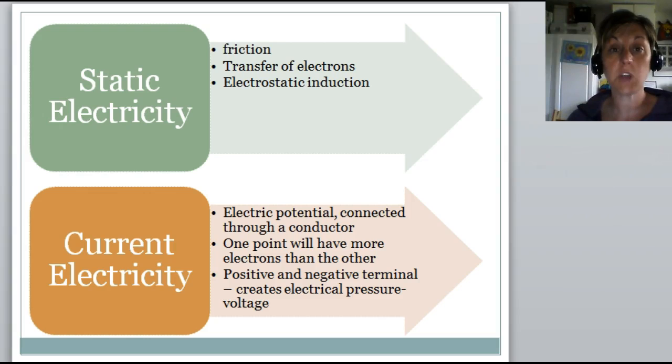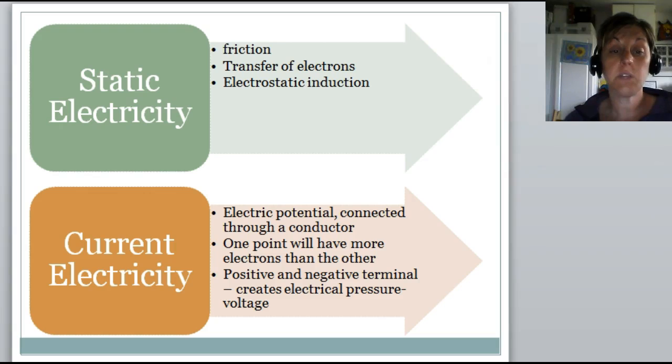When we talk about electric charges, there are two types. There's static electricity, and then there's current electricity. This lesson is dealing specifically with static electricity. Static electricity usually comes in the form of friction. It's a transfer of electrons, and there is electrostatic induction.